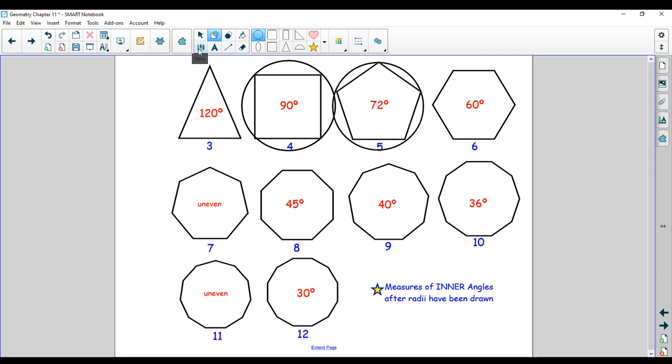Every time I do that, a central angle is formed by taking the center point of the circle and drawing 2 radii to the outside. This angle right here for a square is 90 degrees. Let me see if I could use straight lines this time. This angle right here for a pentagon, from there to there, and from there to there, those 2 radii form a central angle that is 72 degrees.